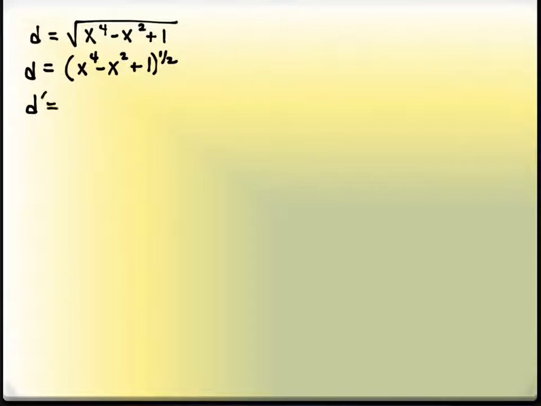Either way, what do you get for the derivative of x to the 4th minus x squared plus 1 to the 1/2? 1/2 times x to the 4th minus x squared plus 1. Good. Remember that exponent to the -1/2. What's next?